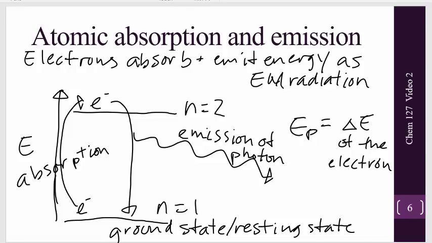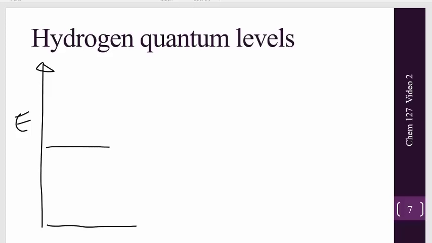Okay, so this is for just an atom in general. So let's talk about our simplest atom, hydrogen. Let's begin with that. So again, we have an energy level. We have a low level, the lowest level possible.